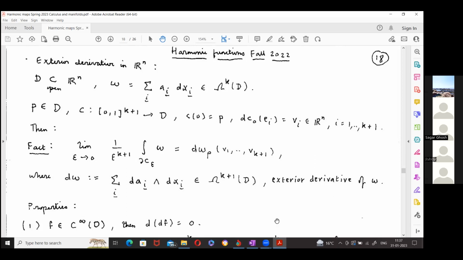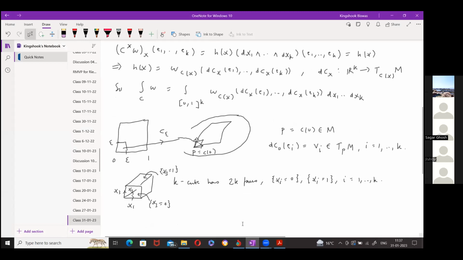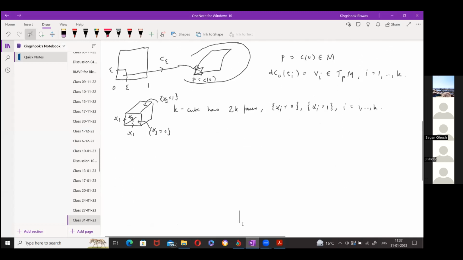So how are we getting the exterior derivative? Geometrically, for example, if omega is a 2 form, say D is a domain, an open set in Rn.